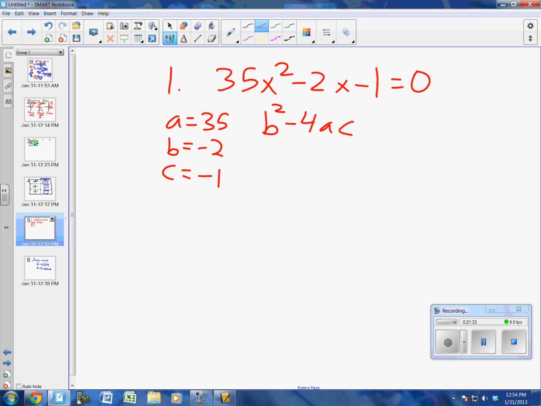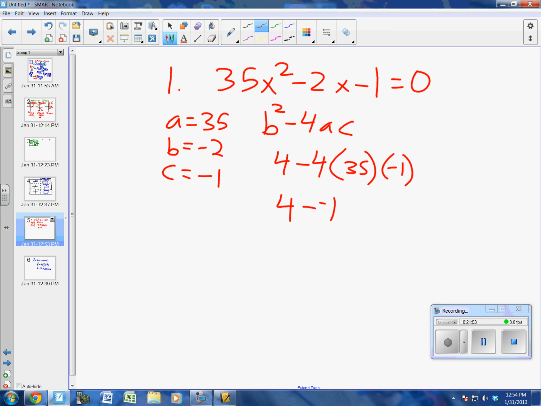b squared would be 4. a would be 35. c would be -1. And we're going to go 4 minus 4 times 35 is 140 times -1 is a -140.